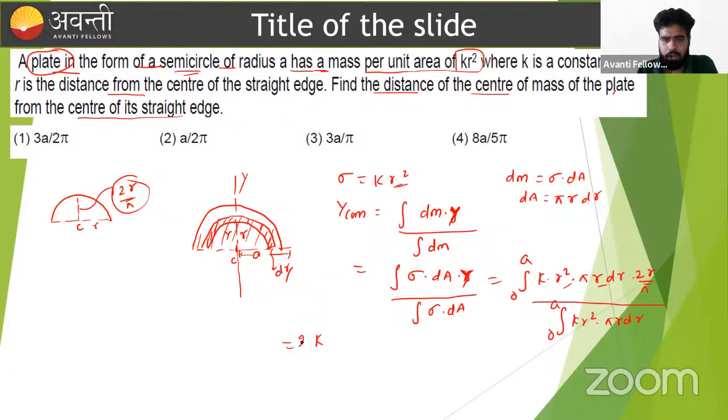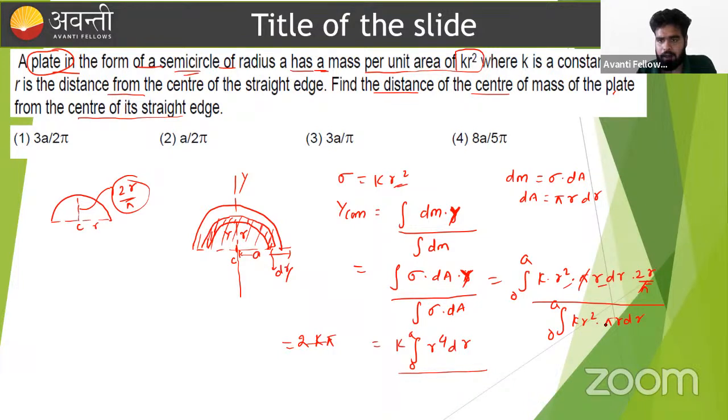So we have 2k pi common from here, and pi and pi cancel out. So this will equal k, integral from 0 to a of r raised to power 4 dr.